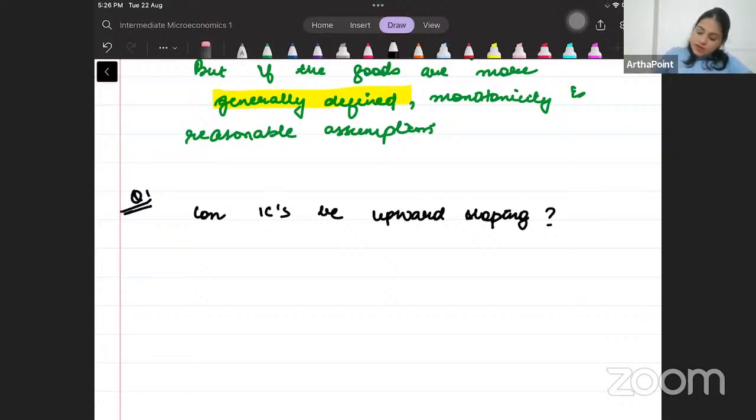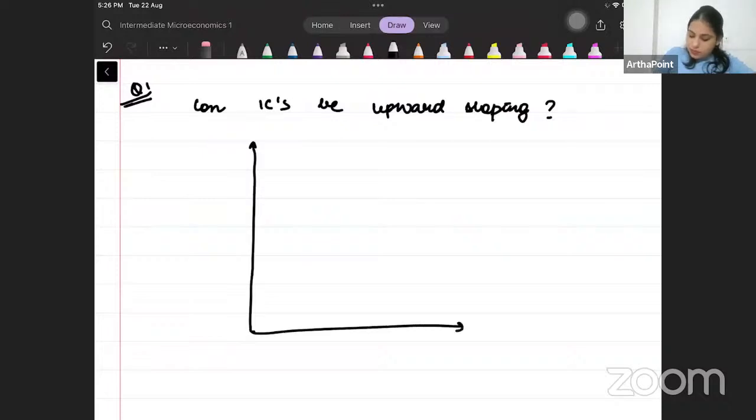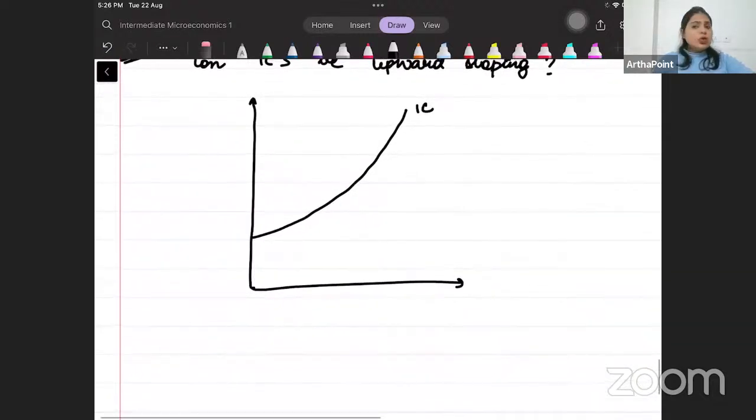ध्यान से समझना बेटा. So I have taken an IC which looks like this. Okay. Now consider 2 points.